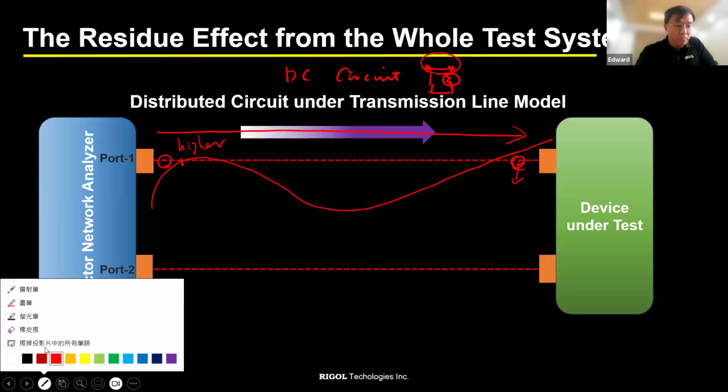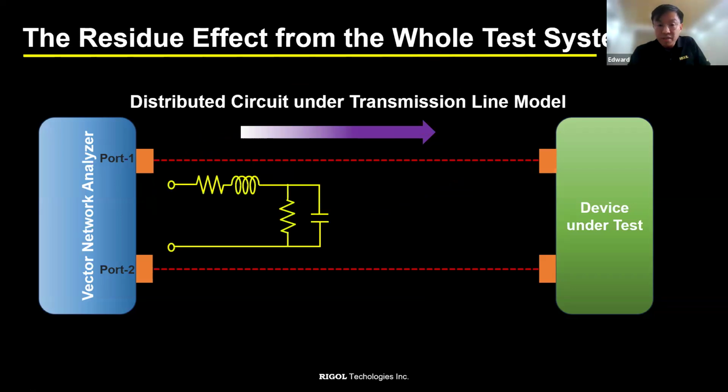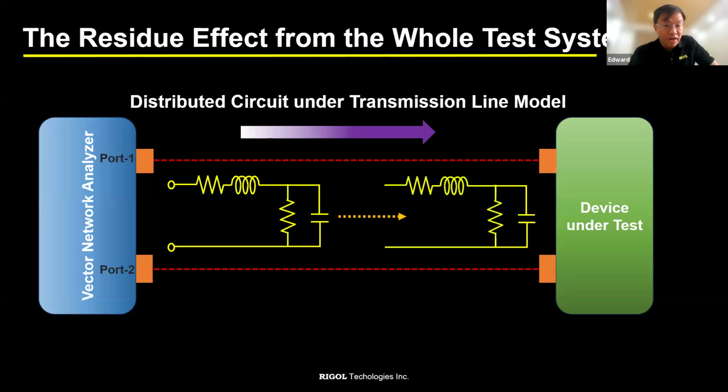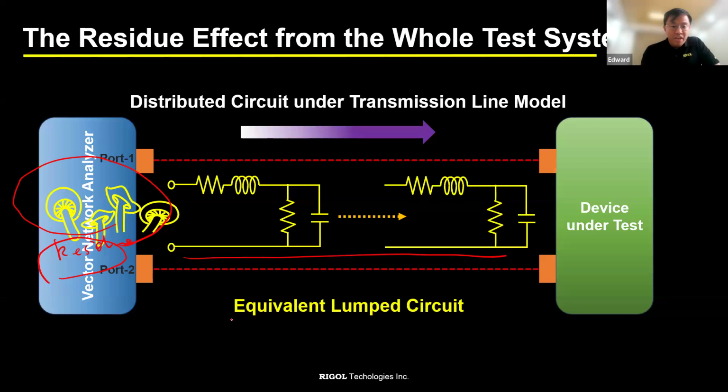So we will introduce more about this one. You can see we can separate this by modeling it as lumped devices. So this is a residue affected by the network analyzer, and we need to use the calibration software to eliminate this effect. But for the transmission line, we can simulate it as an equivalent lumped circuit with many R, L, G, C parameters like this one, right?